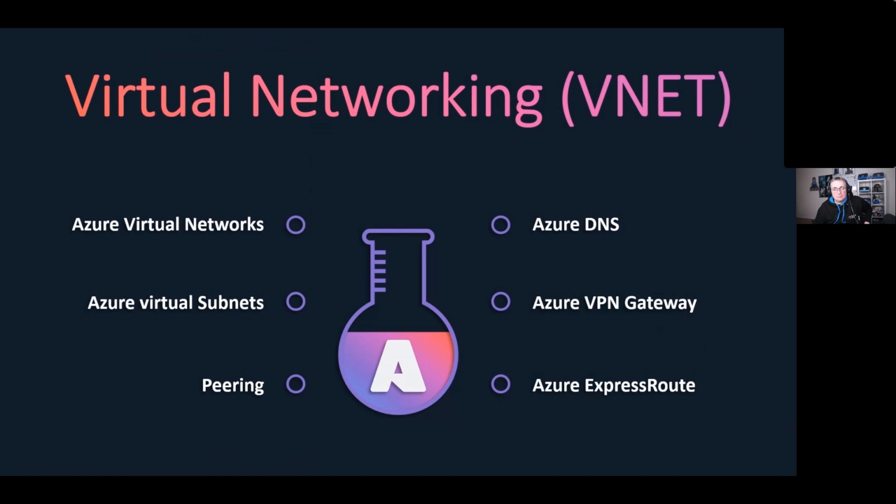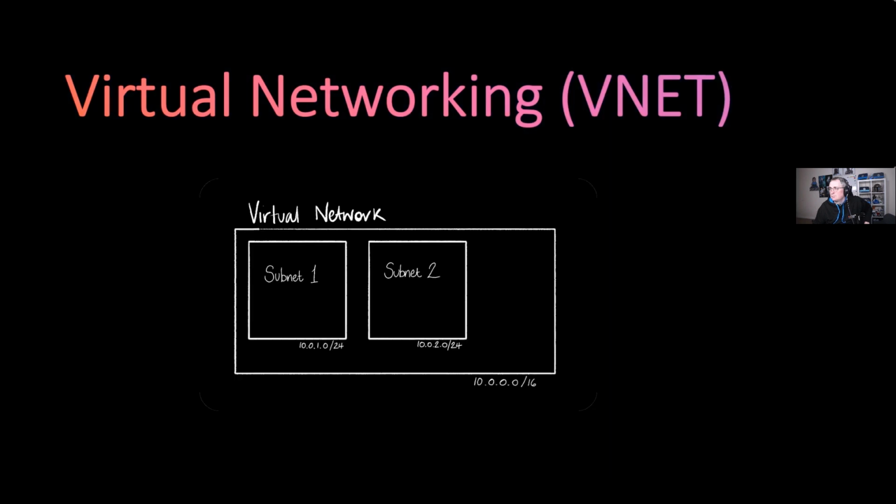So the base element for all of Azure networking, and pretty much anything that you deploy into Azure that needs some kind of access to the internet, will use a virtual network or a VNet.